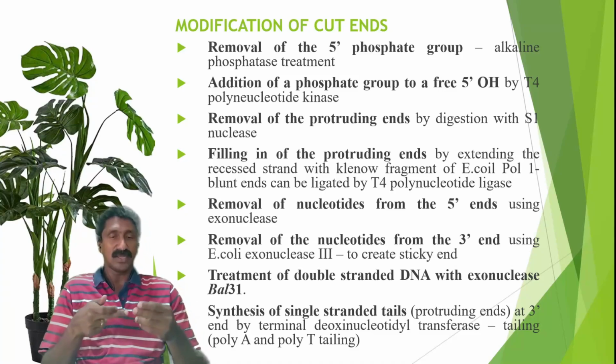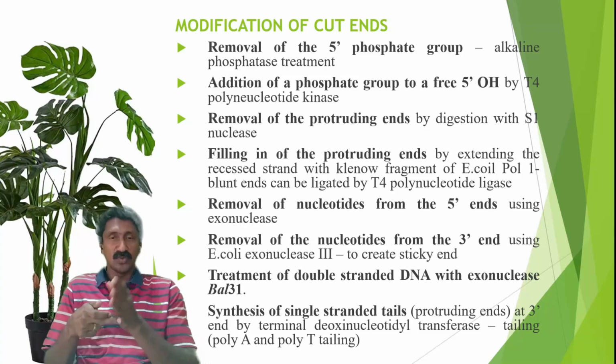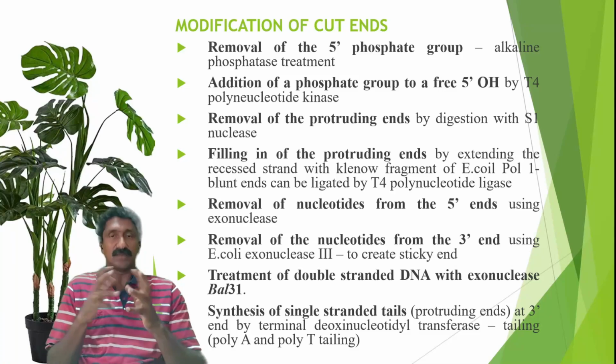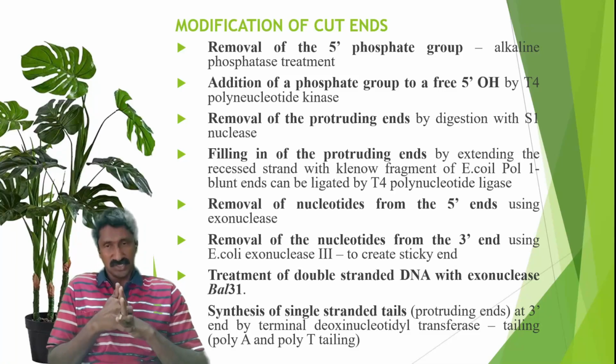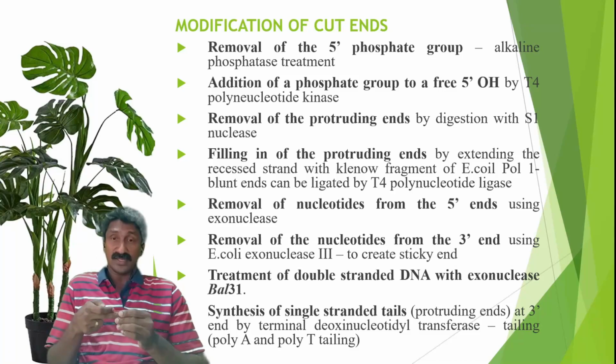Whereas a sticky end cannot be joined with a blunt one. So in that case, you need to remove the protruding sticky end portion or single stranded portion from the end of the strands. That will be done by the S1 nuclease treatment. Then filling of the protruding ends, and there are two possibilities.